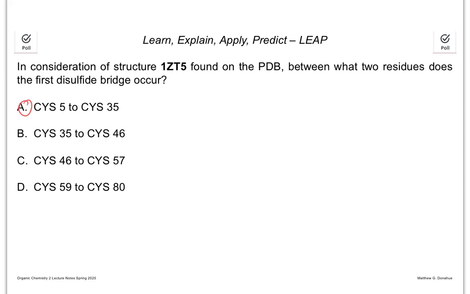So find the row with the disulfide bridges. And then as you're reading left to right, you're going to click on the visual representation of that. It's a dot, a line, and then a dot.